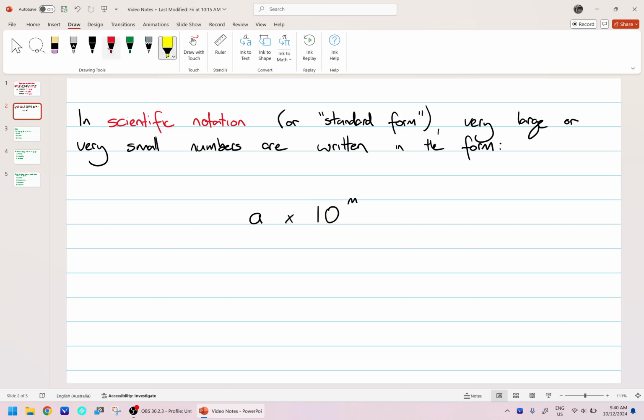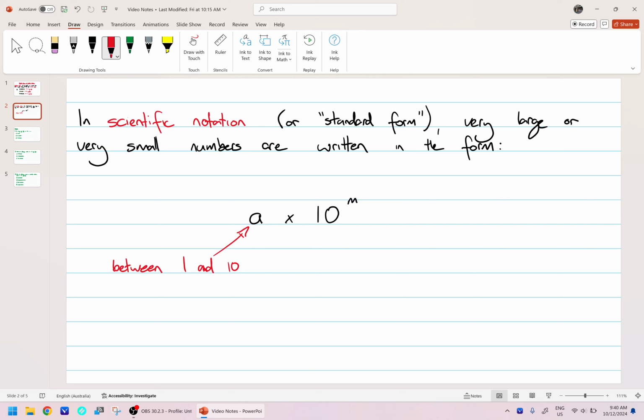What we need to do is have a number sitting in front of it. I've just called this A, and this A needs to be between 1 and 10.